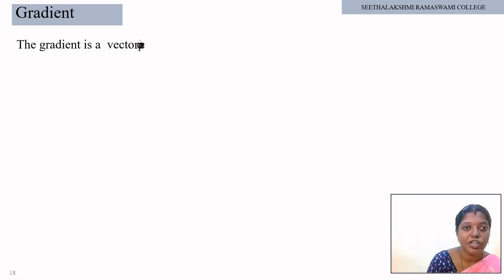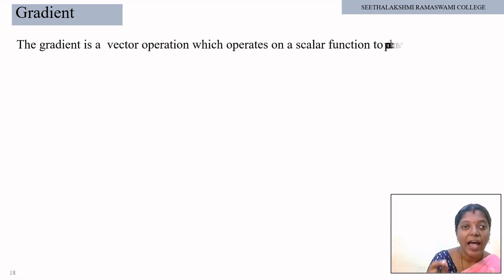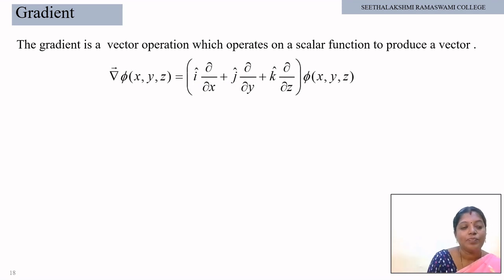Gradient is the differentiation of a scalar function, and that results in a vector function. When you consider divergence, it is the differentiation of a vector, and that results in a scalar. And when you consider curl, it is the differentiation of a vector, that results in a vector.